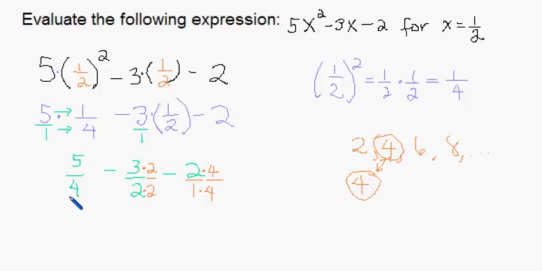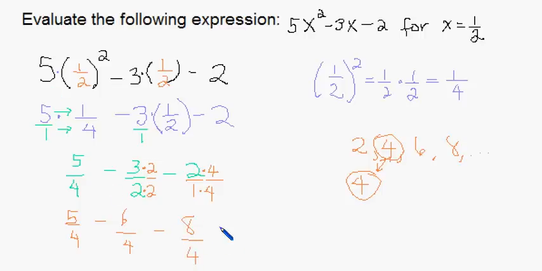So now we have here 5 over 4 minus 6 over 4 minus 8 over 4. Whoa, I almost made a mistake on this one. So here we have 8 over 4.